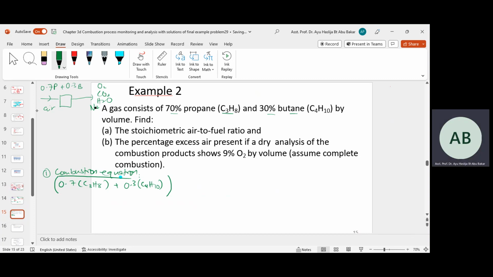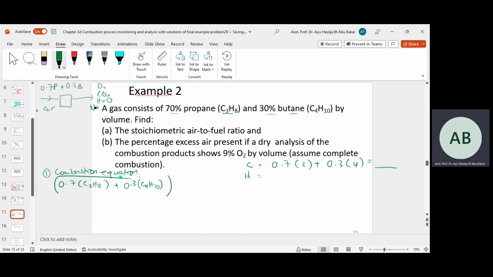What I mean by one chemical formula is: for the carbon, 0.7 for propane times 3, plus 0.3 multiplied by 4, this is the carbon from butane. So you'll get one value over here.